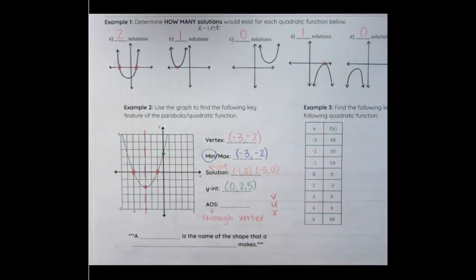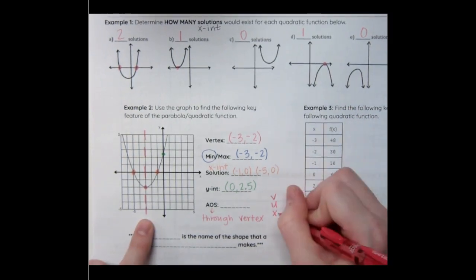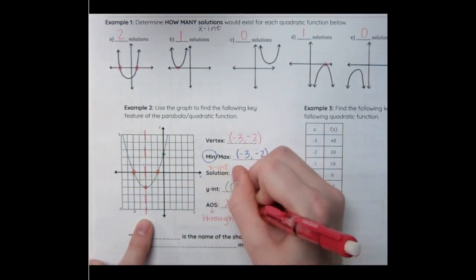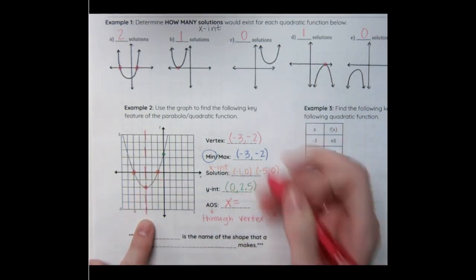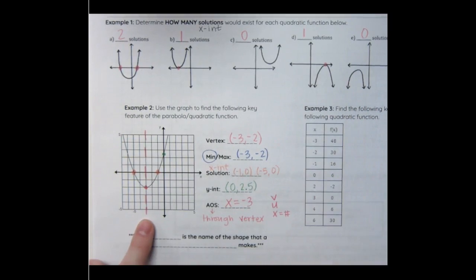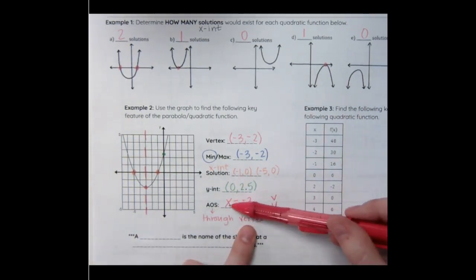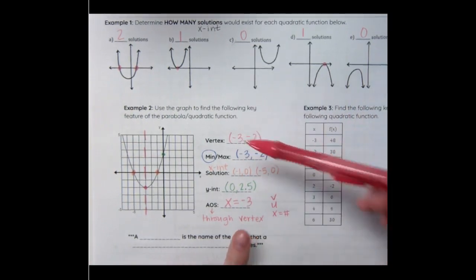So you're going to think of VUX. This is a vertical line. VUX is the word we go to, which means x equals a number is our equation. So I'm going to say x equals, and the x value we have, it goes through -3. Now, if you notice, it goes through our vertex. So our axis of symmetry is just really our x value from our vertex. Crazy.